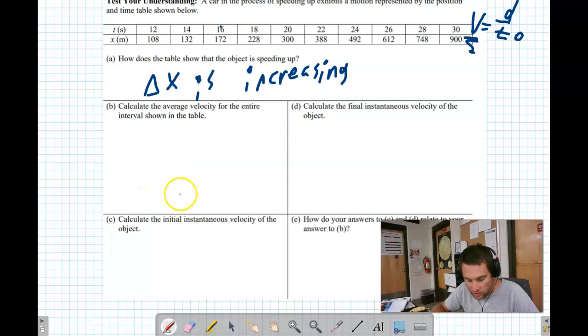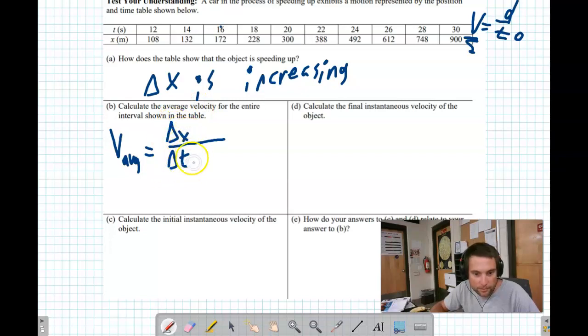Alright, calculate the average velocity for the entire interval shown. Okay, so that means the average is going to be the total distance divided by the total time. Oh, velocity is the displacement divided by the total time. So we're going to have to add up all of these.